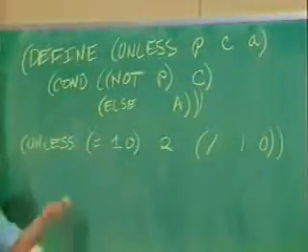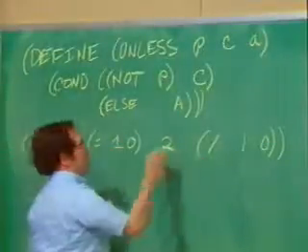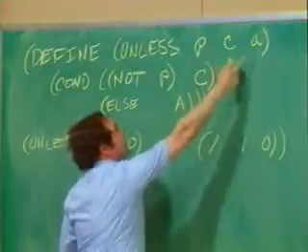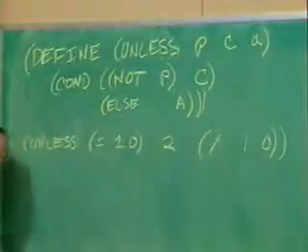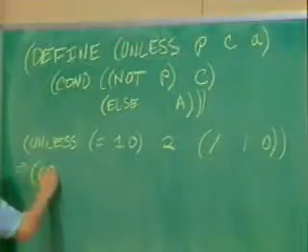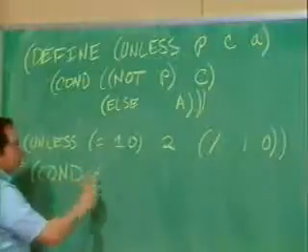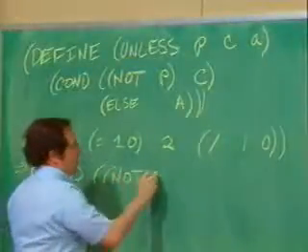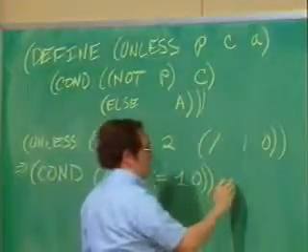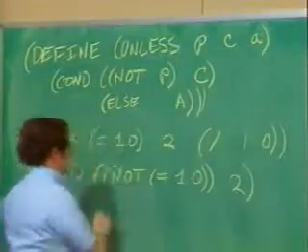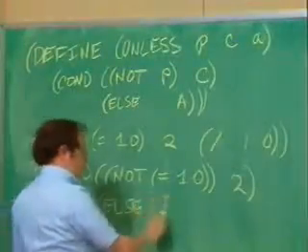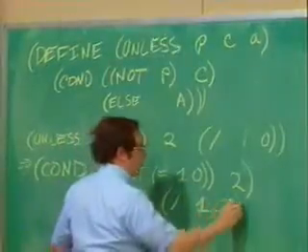What I'd like that to mean is the result of substituting equal 1, 0 and 2 and the quotient of 1, 0 for P, C, and A. I'd like it to transform into cond, not equal 1, 0, then the result is 2. Otherwise, I want it to be the quotient of 1 and 0.